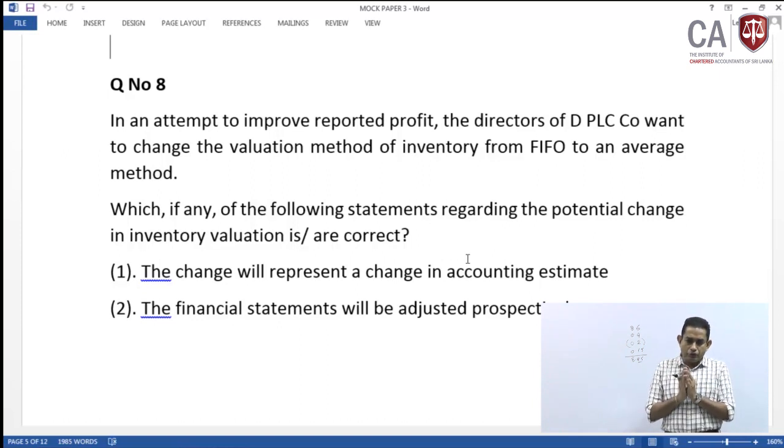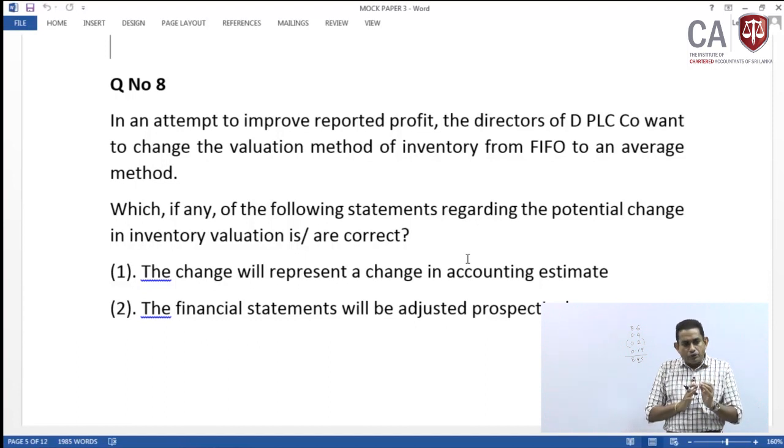If you decide to change the accounting method for an asset or liability within the same economic environment, what do you mean by same economic environment? The asset or the liability contributes the same cash inflow or outflow, then that becomes an accounting policy change.